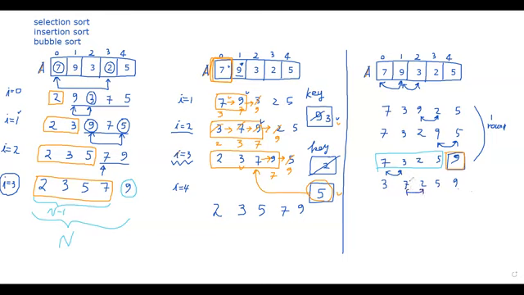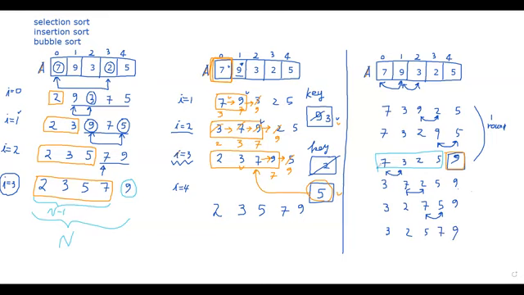7 and 2. They need to swap, right? So 3 stays the same. 7 and 2 should be swapped. 5, 9 stay the same. And compare the next pair. We need to swap, right? 3, 2, 5, 7, 9, right?